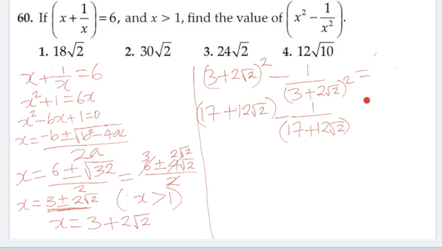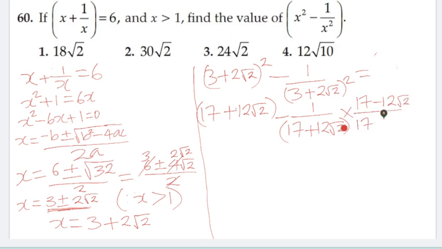We have to multiply it with its conjugate to get a rational number in the denominator. So to simplify this we have to multiply it with 17 minus 12 root 2. This is the conjugate of this given denominator.